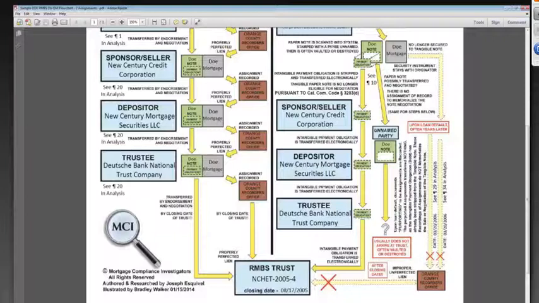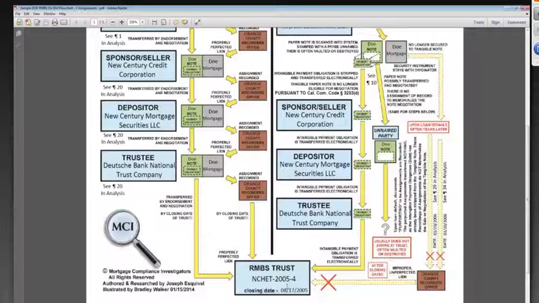All right, the depositor sells this intangible payment obligation to the trustee, Deutsche Bank National Trust Company. Deutsche Bank National Trust Company sells that intangible payment obligation electronically to the RMBS Trust, NCHET 5-4, and they do it prior to the closing date of August 17, 2005, because that is the last day on which the trust can acquire its assets.